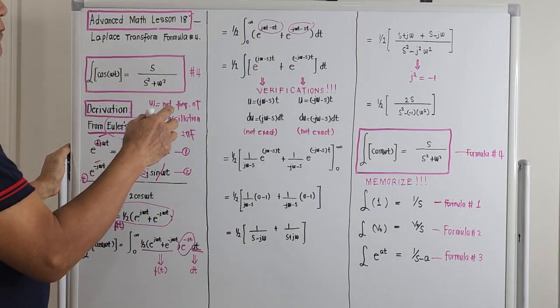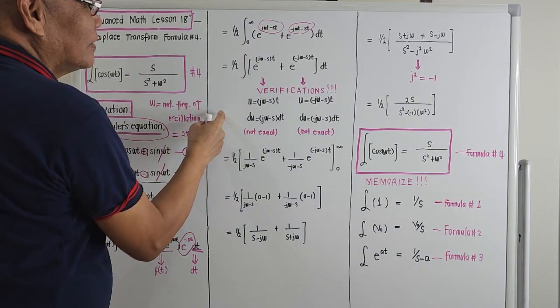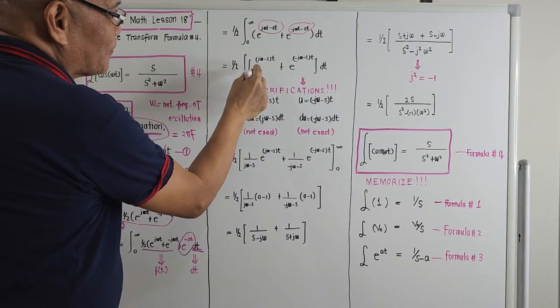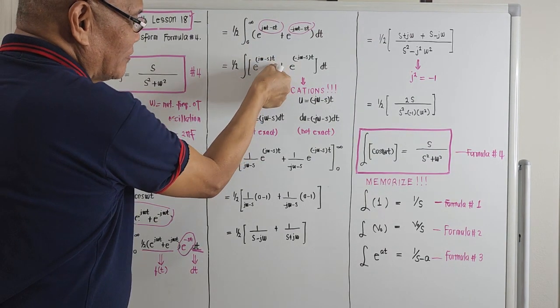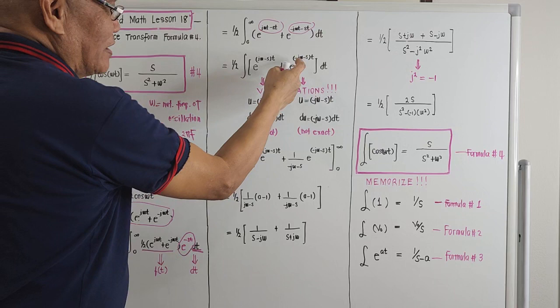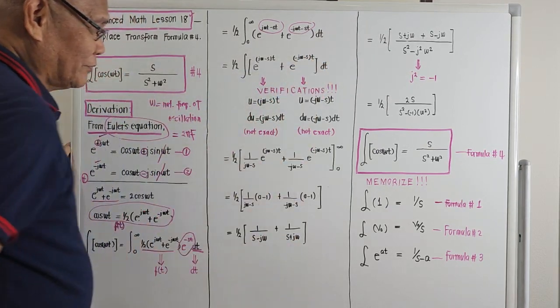So this will be equal to 1/2 the integral. We simplify the exponent: we compress the value j omega minus s close quantity t, because t is a common factor. Second one, it will be minus j omega minus s close quantity times t, a common factor also.